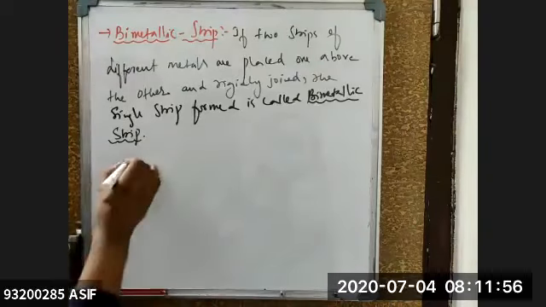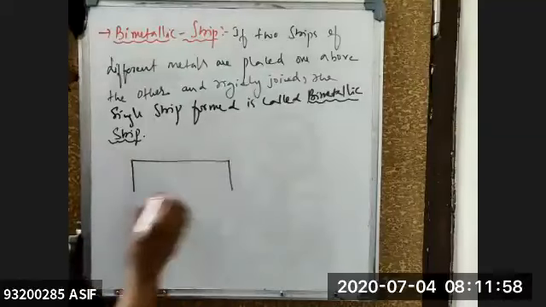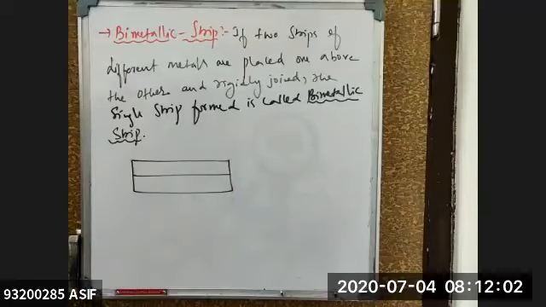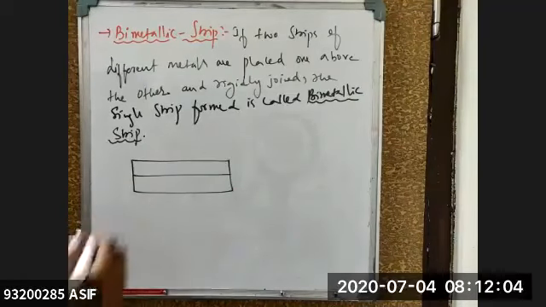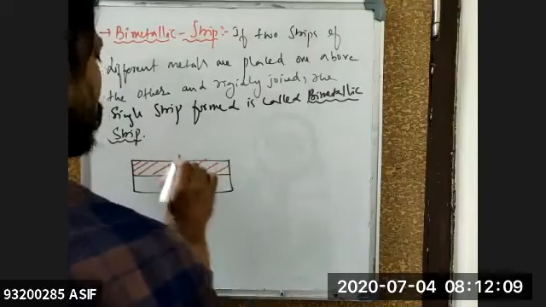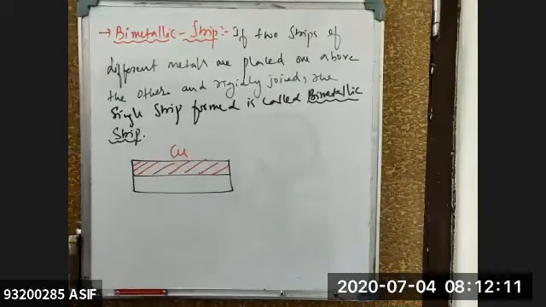Like, say for example, this is something like this, and the other is this one. I'll try to draw it with the red pen. This part is of one metal. Say for example, this is made up of copper.